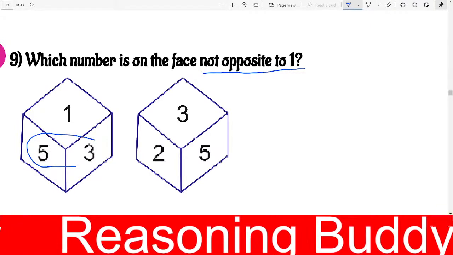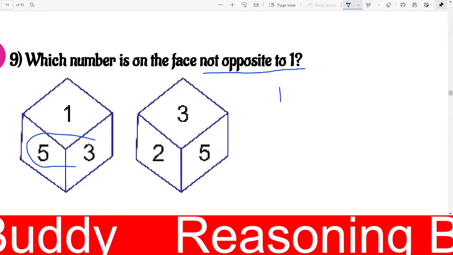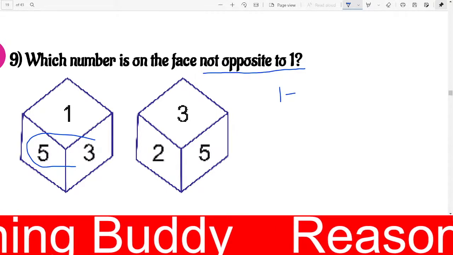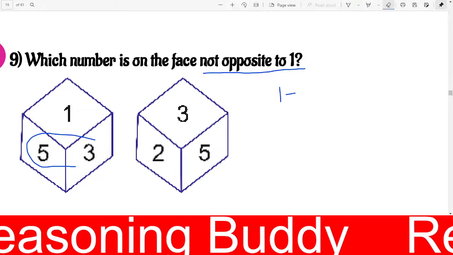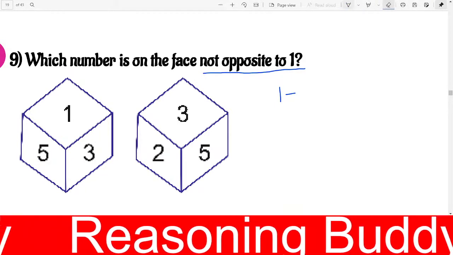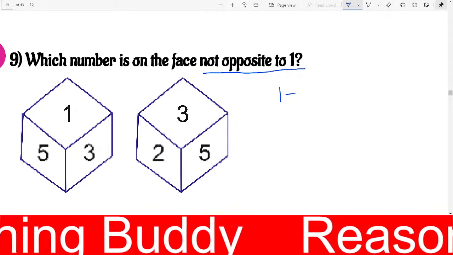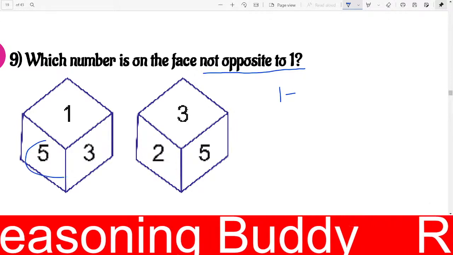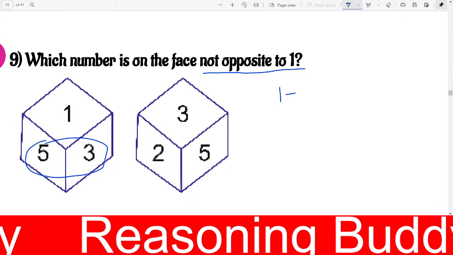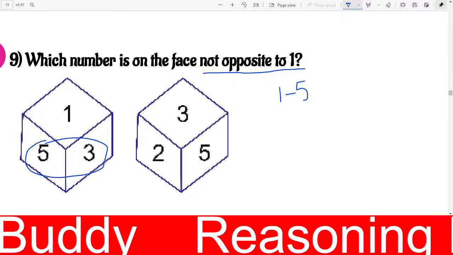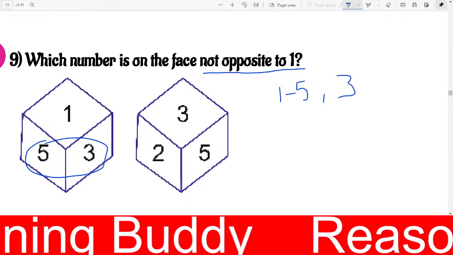Not opposite means the adjacent faces. So 5 and 3 are not opposite to 1. 5, 3 is the answer.